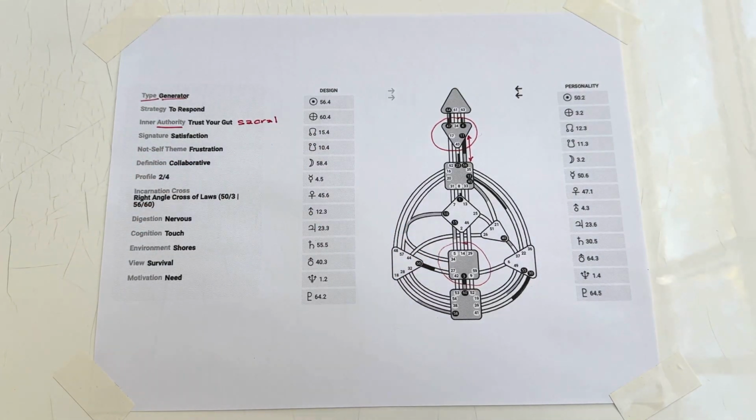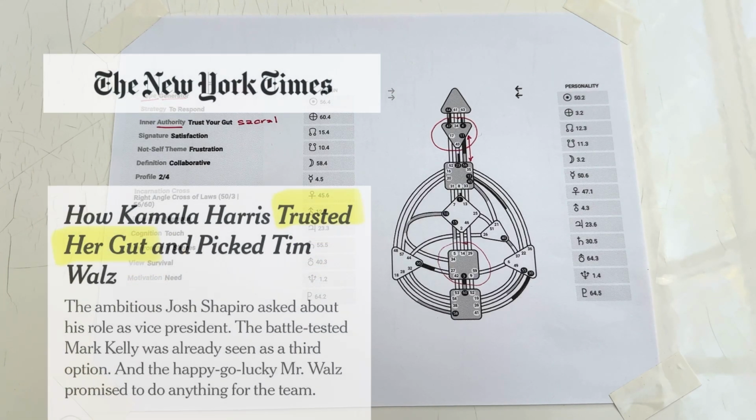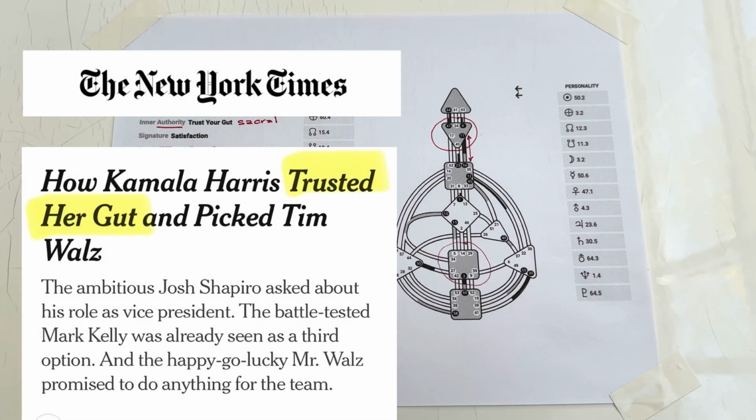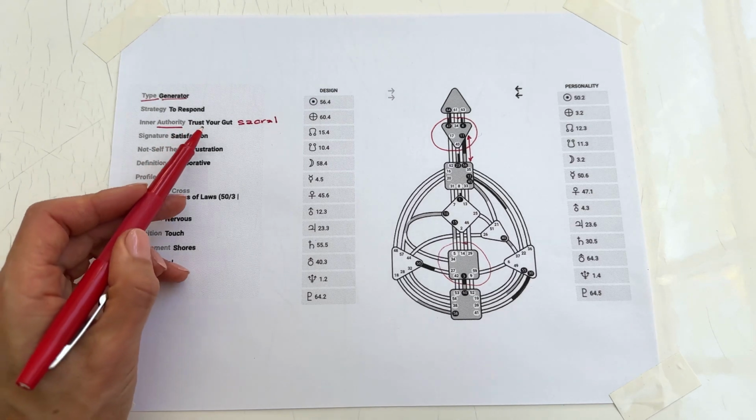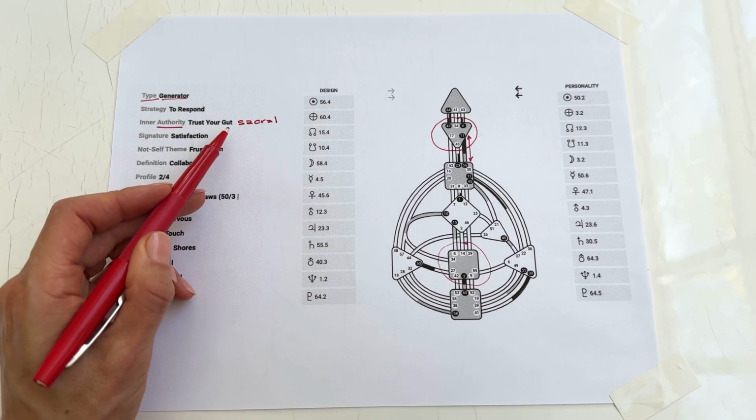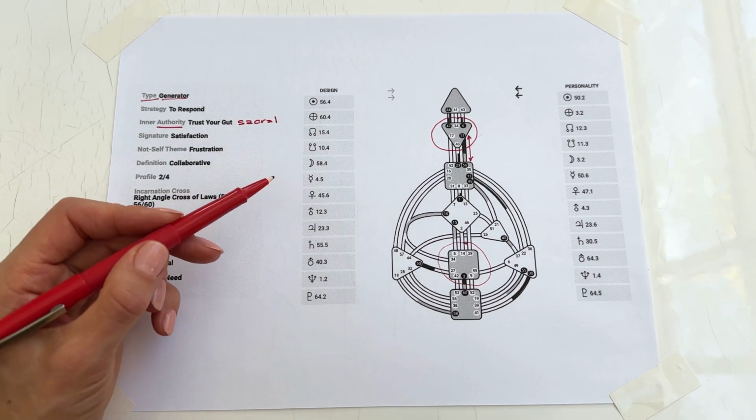Her process in choosing a running mate illustrates this. The New York Times ran an article entitled "How Kamala Harris Trusted Her Gut and Picked Tim Walz." Having a sacral authority means trusting your gut to make decisions. It's instinct, it's immediate.